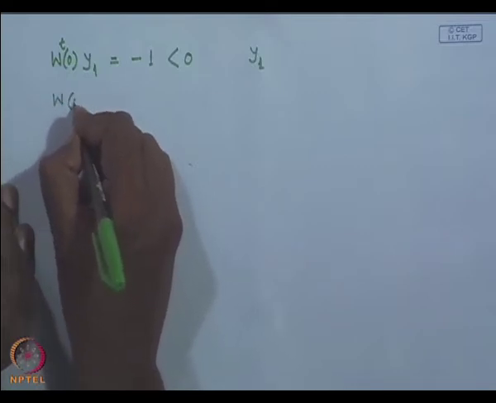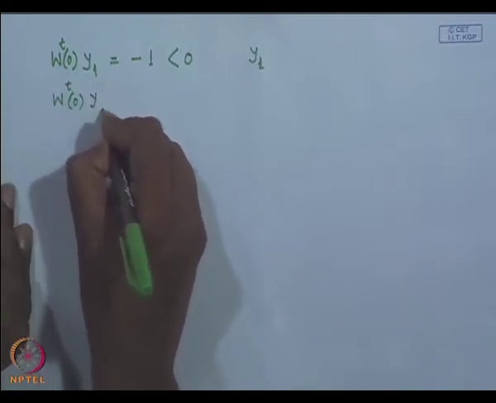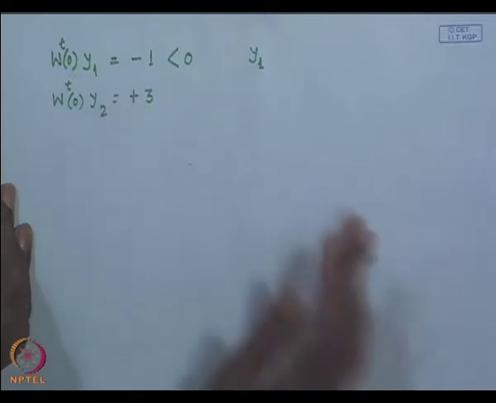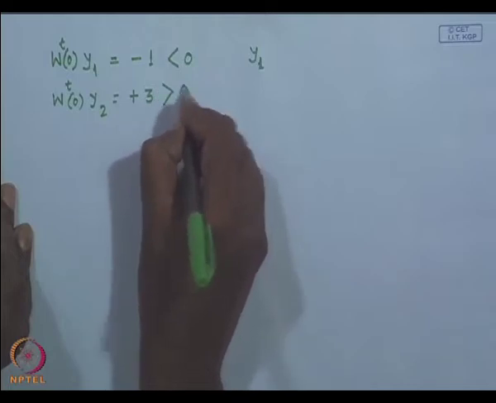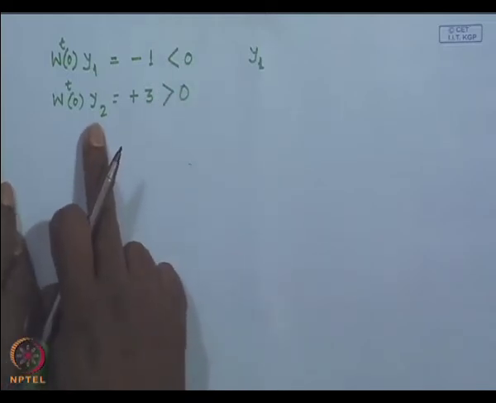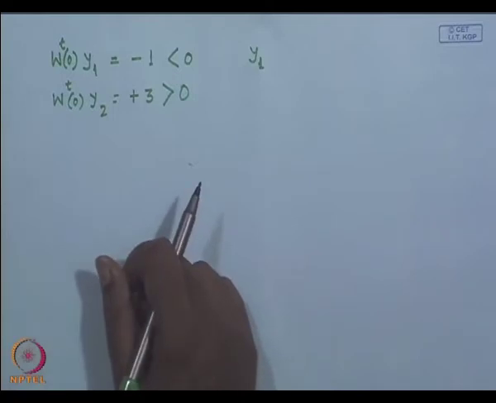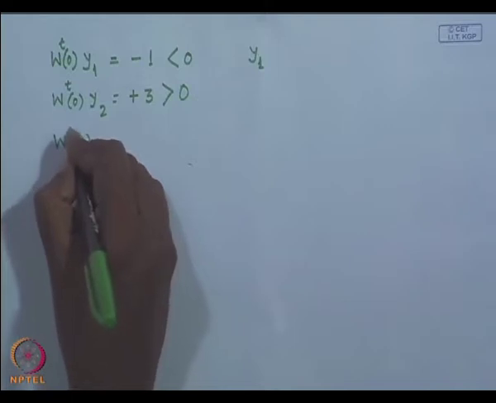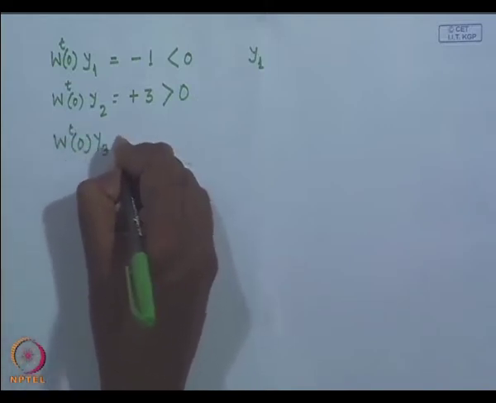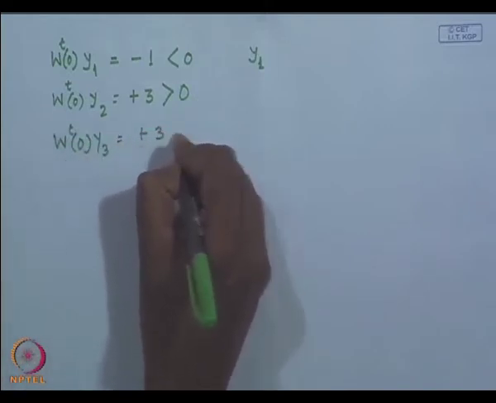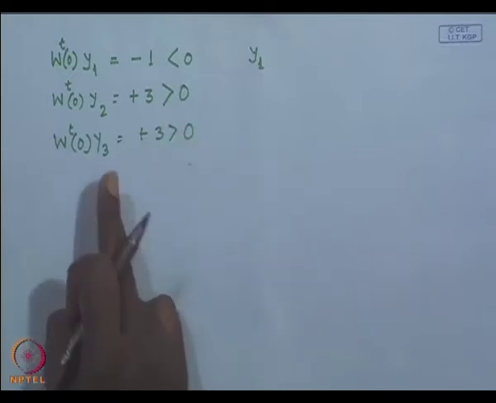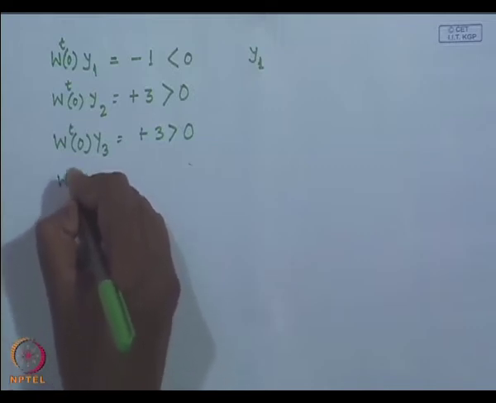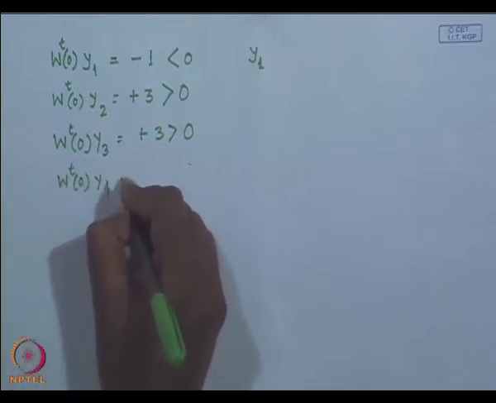When I consider w 0 transpose y 2, it is plus 3 as we have just seen, which is greater than 0. So, I do not consider y 2 for modification of the weight vector. Similarly, w 0 transpose y 3 will also be plus 3, greater than 0, so I do not have to consider y 3 for modification.